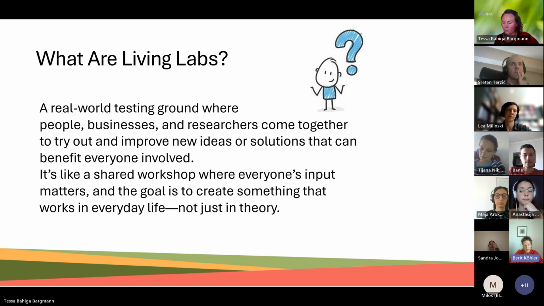It's like a shared workshop arena, where everyone's input matters. And the goal is to create something that works in everyday life and not just in theory.